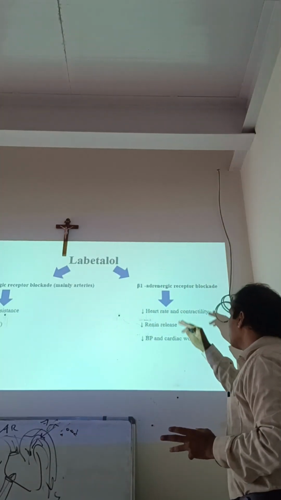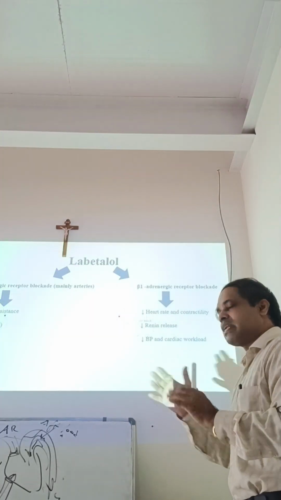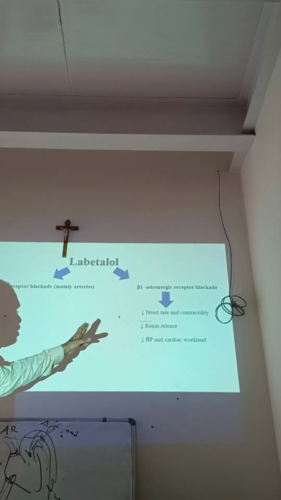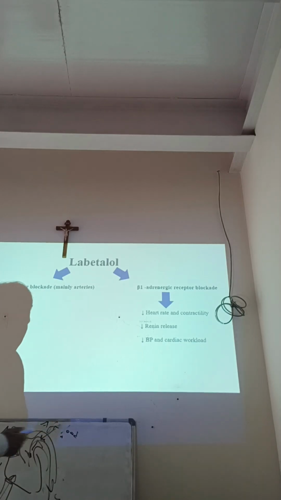And I told you it also blocks the beta receptor. Mainly beta 1 is concerned here; beta 2 I will tell later. By blocking the beta 1 receptor, it reduces the heart rate. Beta 1 is present in the kidney also, in the juxtaglomerular cells.